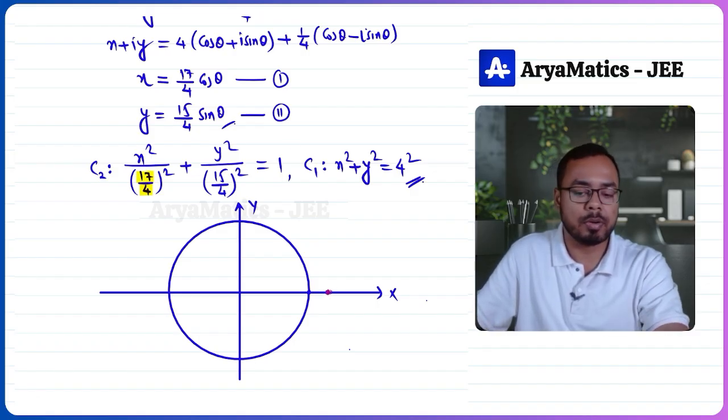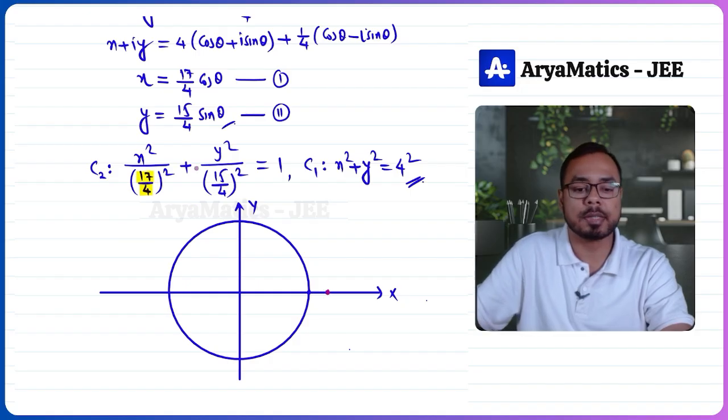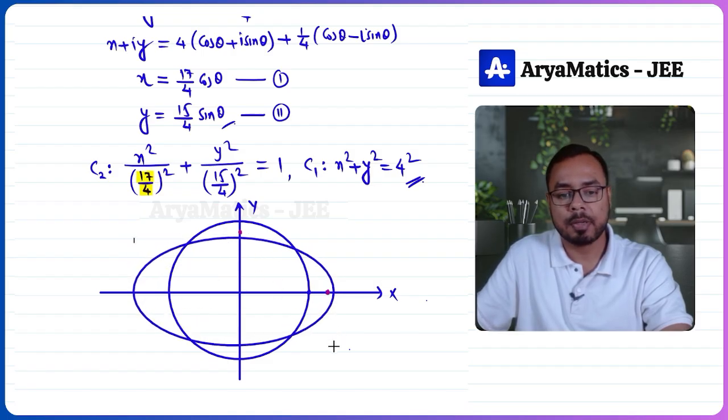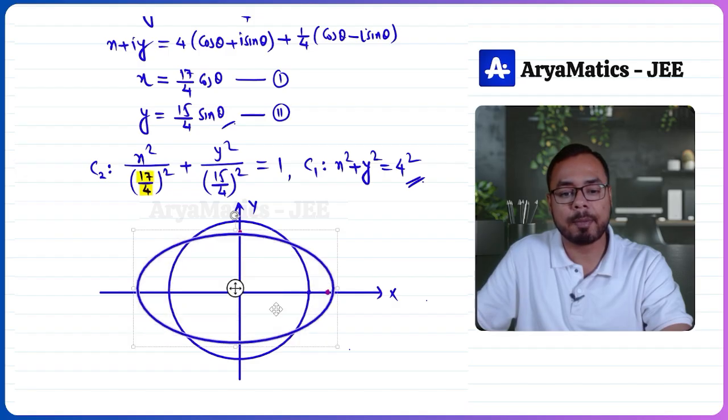That will be one vertex on the major axis of the ellipse. And this number 15 by 4 is the point where it will intersect the y-axis, right? When x is 0, y will be 15 by 4, which is less than 4. So the ellipse is passing through these two points, and the graph of that ellipse will be something like this.